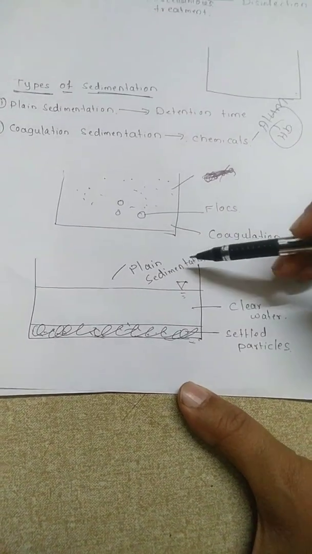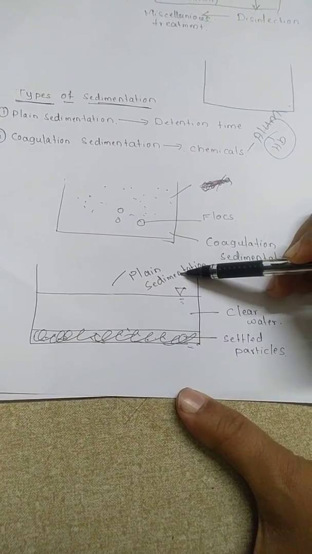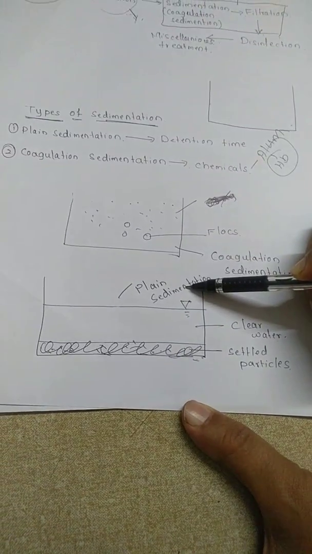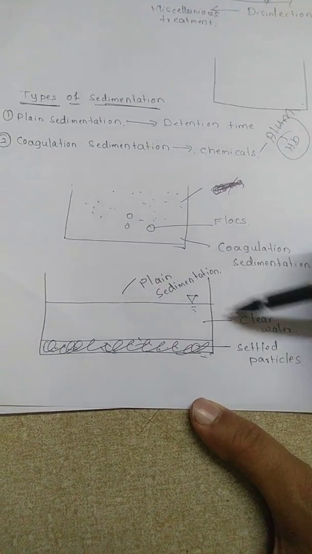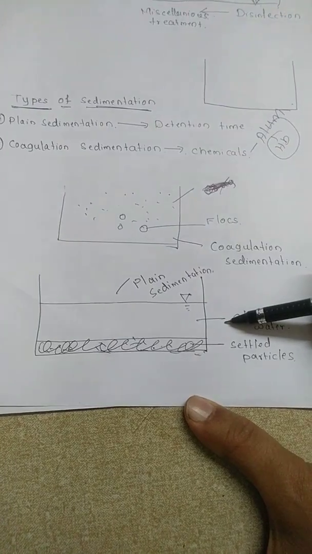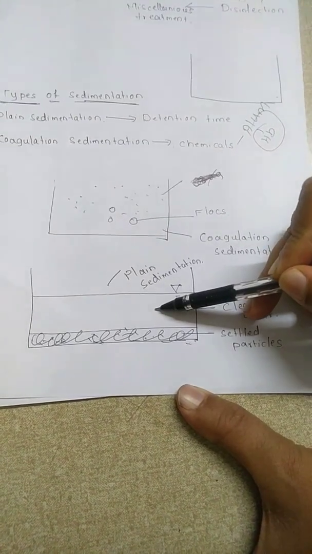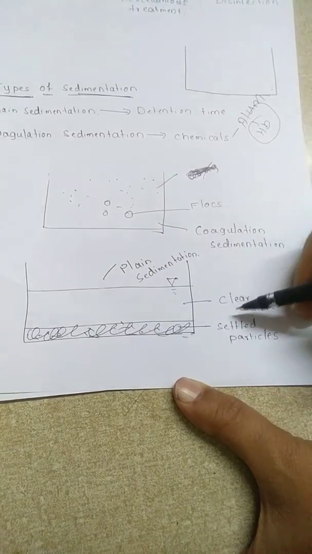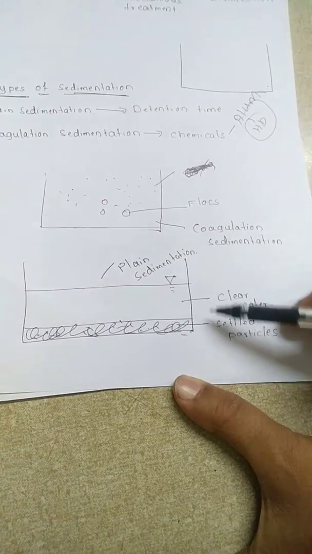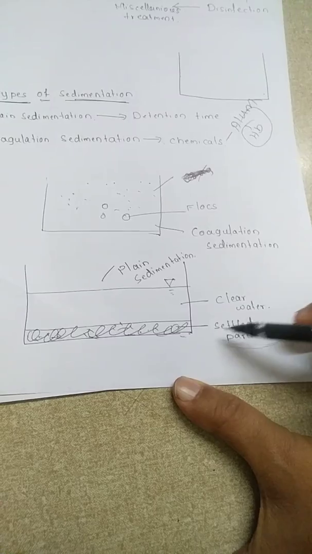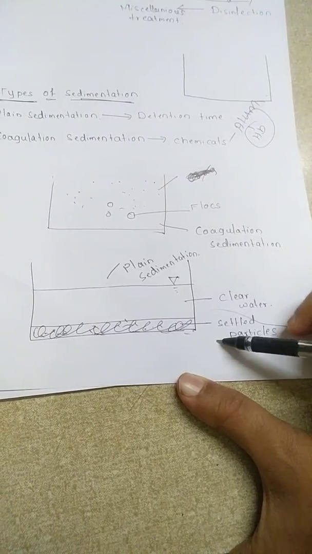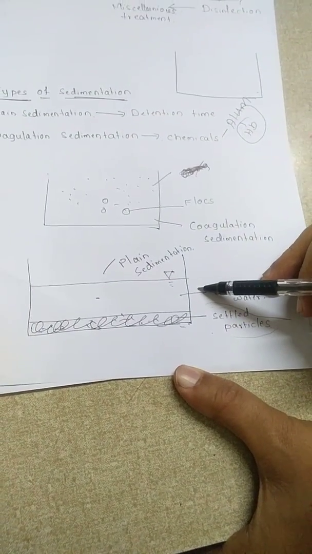After having learned plain sedimentation and coagulation sedimentation, theoretically we have shown you the diagram of that. In plain sedimentation, the particles settle down by their own weight. So these are the particles, and after giving a certain amount of sedimentation time, the particles have settled down, and this is the clear water that we have got.